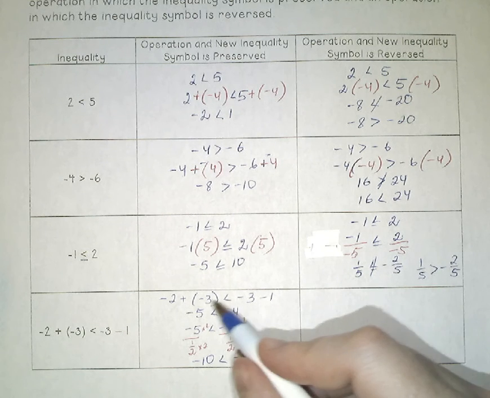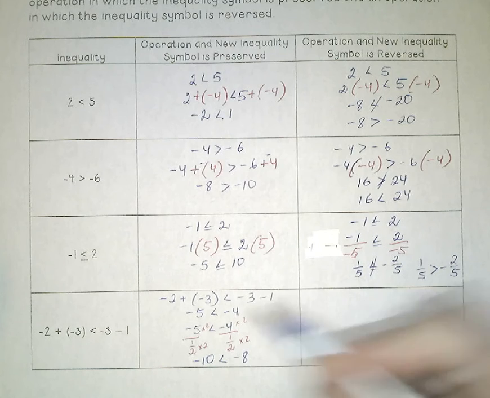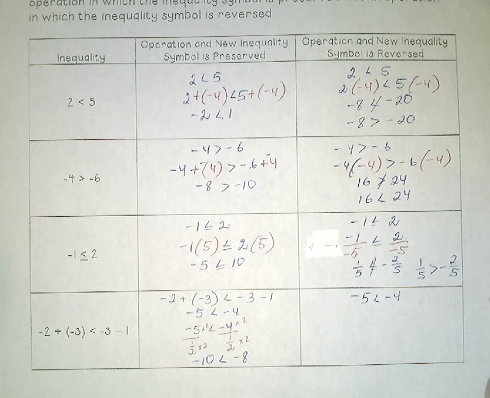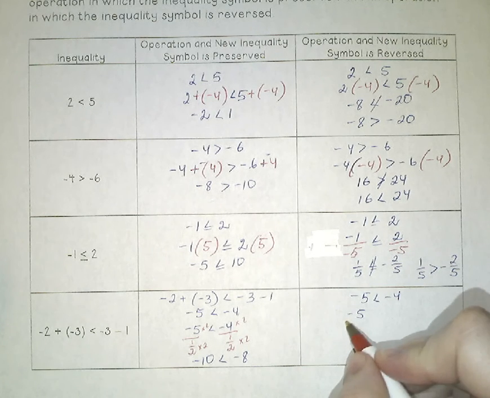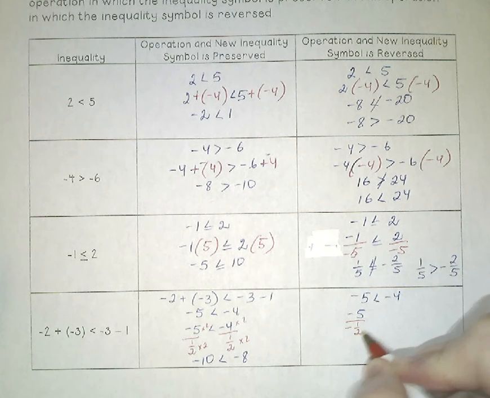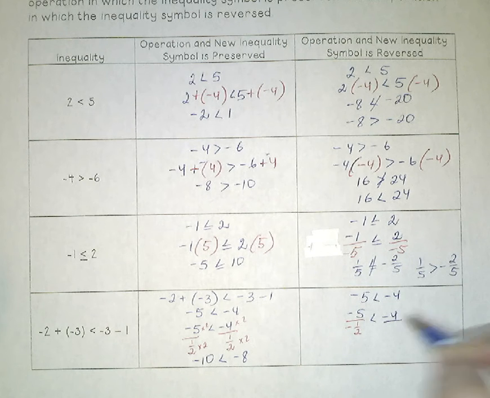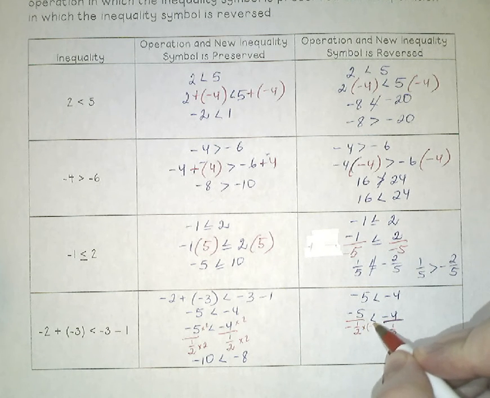Instead of rewriting this, I will just rewrite that because I already added like terms. It's going to be the same thing. Negative 5 is less than negative 4. Okay, let's again divide by negative 1/2 this time and see what happens. Negative 5, we are dividing by negative 1/2, and that is less than negative 4 divided by negative 1/2, which is the same as multiplying by negative 2, right?